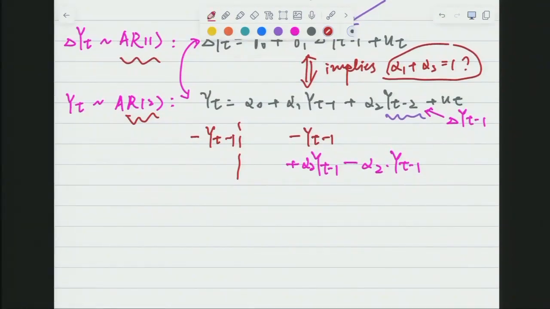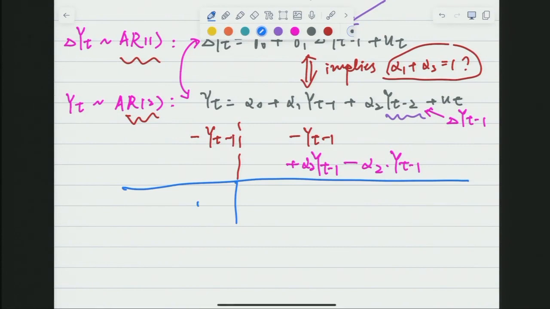Now, what we get on the left is the first difference, and we still have the same error term.